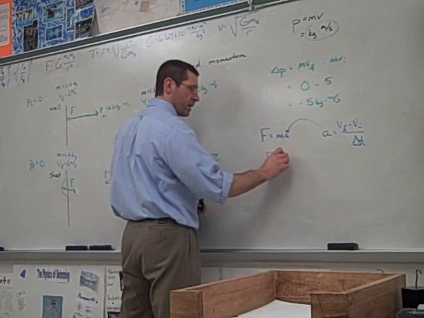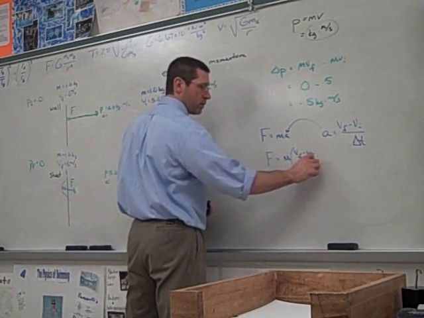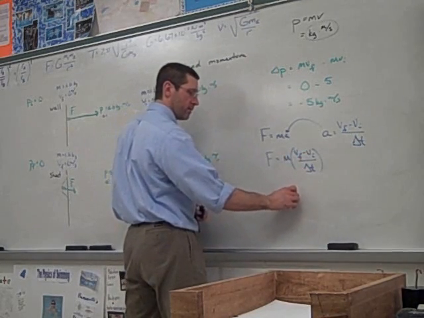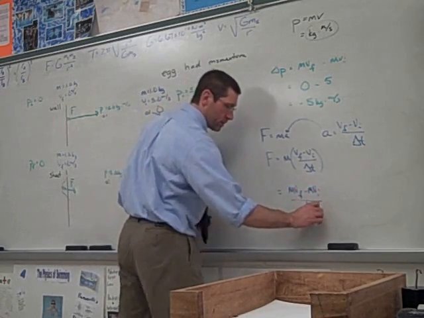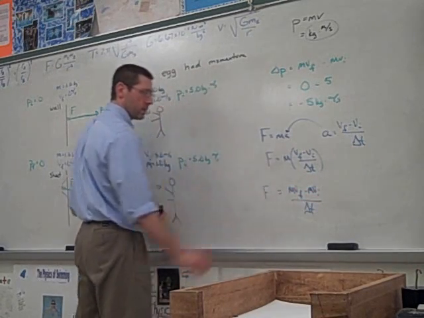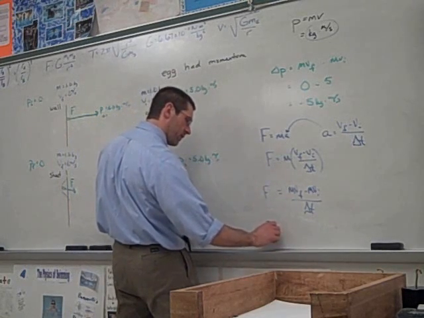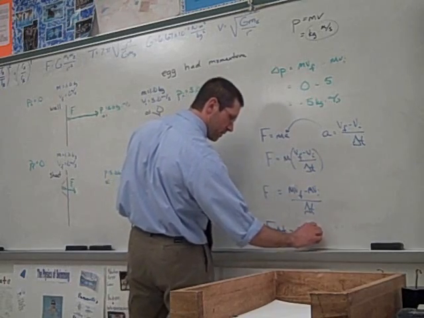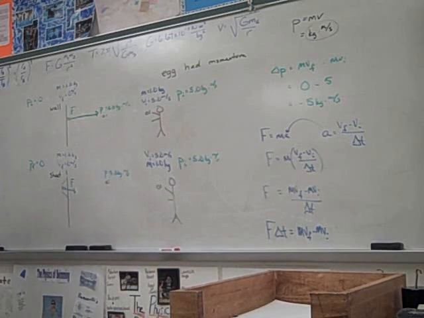And we got F equals m times Vf minus Vi over time. And then mVf minus mVi over time. One more step. F delta t is mVf minus mVi. And we're going to just end with that there.